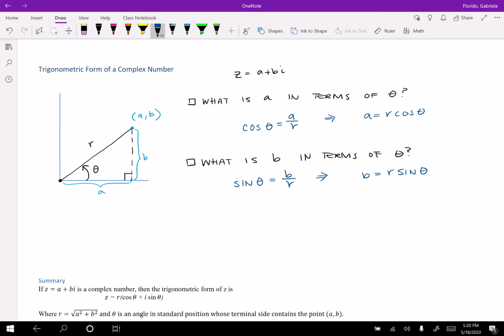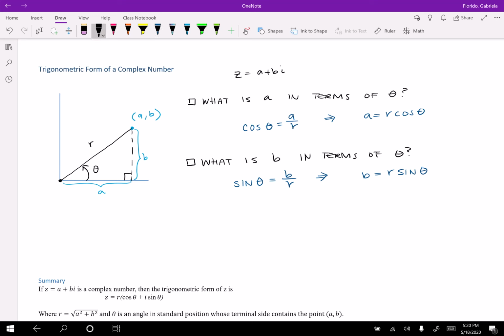Again, to relate it back to the unit circle, r was equal to 1, and my y-coordinate was whatever sine of theta was. Now we have a and b in terms of r and theta.